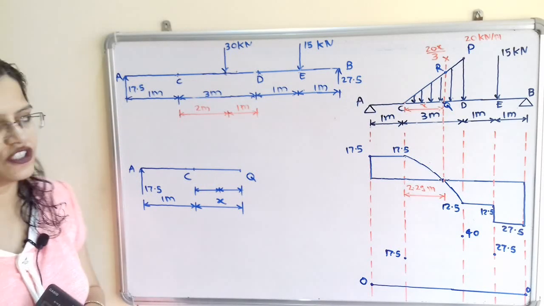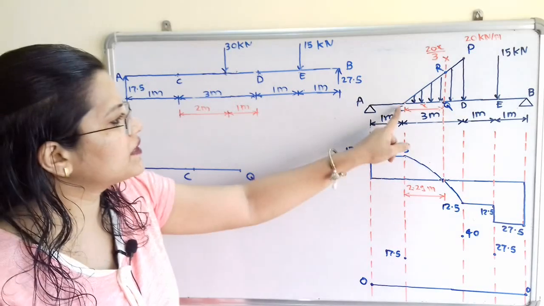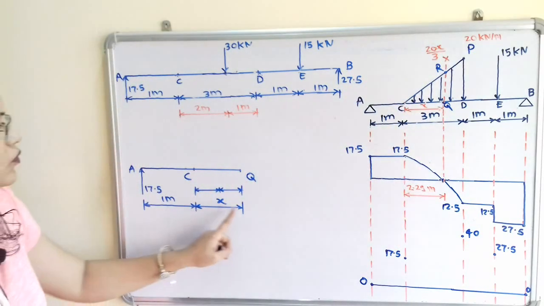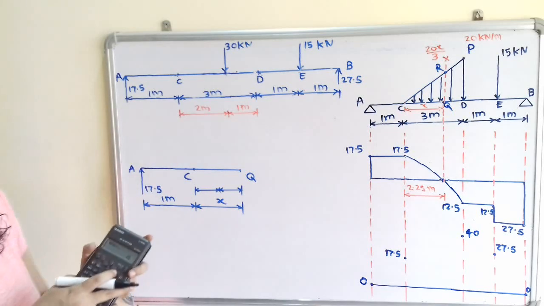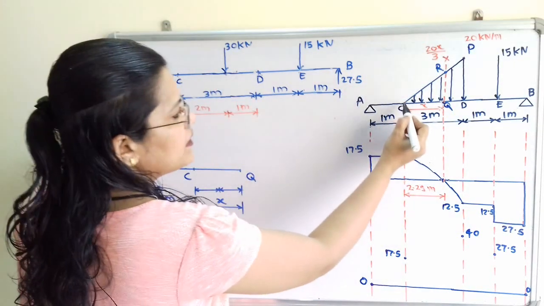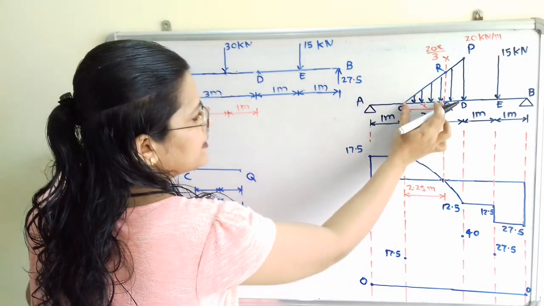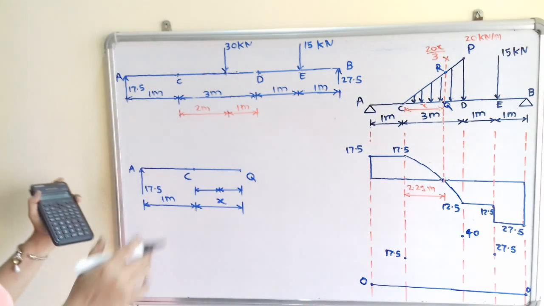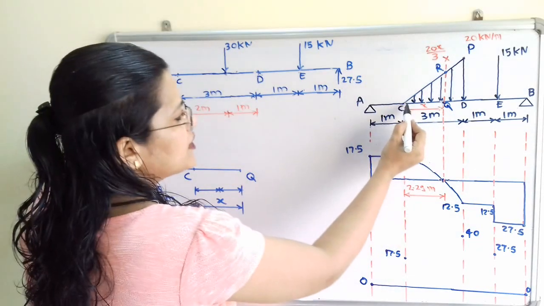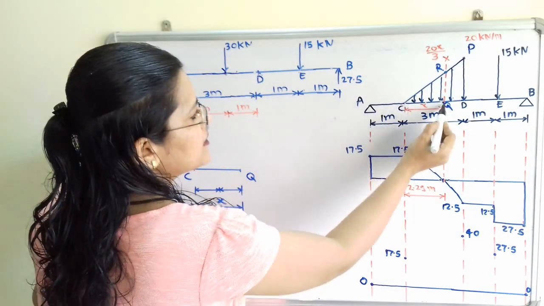in upward direction. Then the distance in between C and Q is equal to X. Now we have to find out the total load that is acting in between this CQ, that is over the span of X. So how to calculate this? We know that this total load is equal to area of triangle CQR.